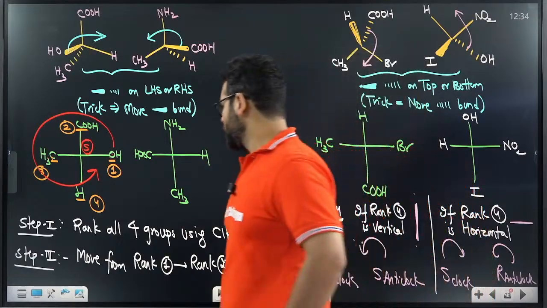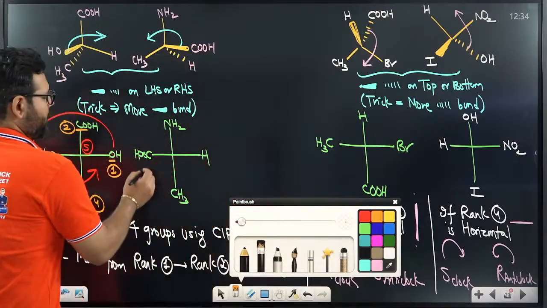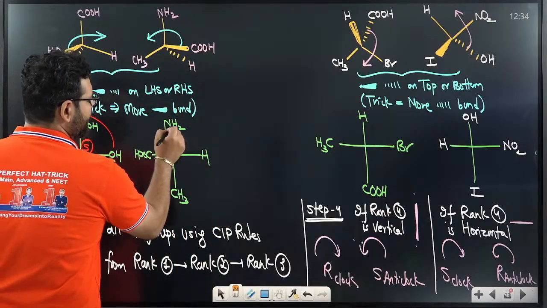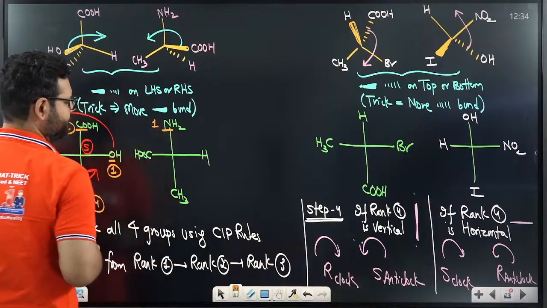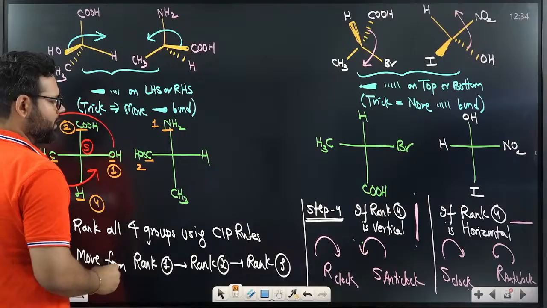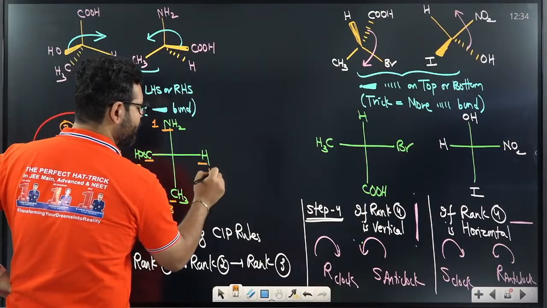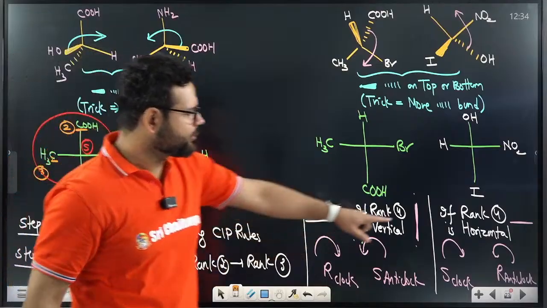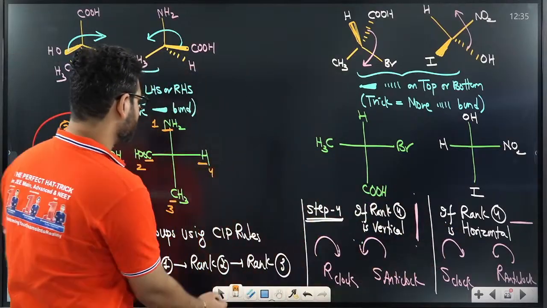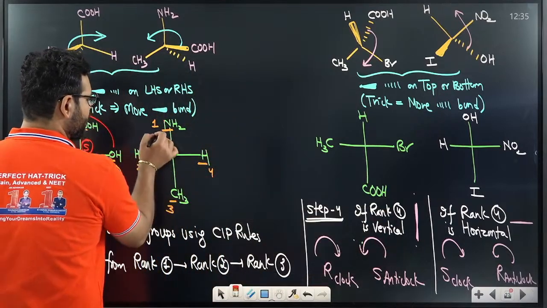Next one. Let's rank first. Carbon, carbon, hydrogen, nitrogen. Nitrogen gets rank 1. This carbon is attached to oxygen, gets rank 2. This carbon is attached to hydrogen, gets rank 3. Hydrogen gets rank 4. 4th is horizontal. Let's go from 1 to 2, 2 to 3.